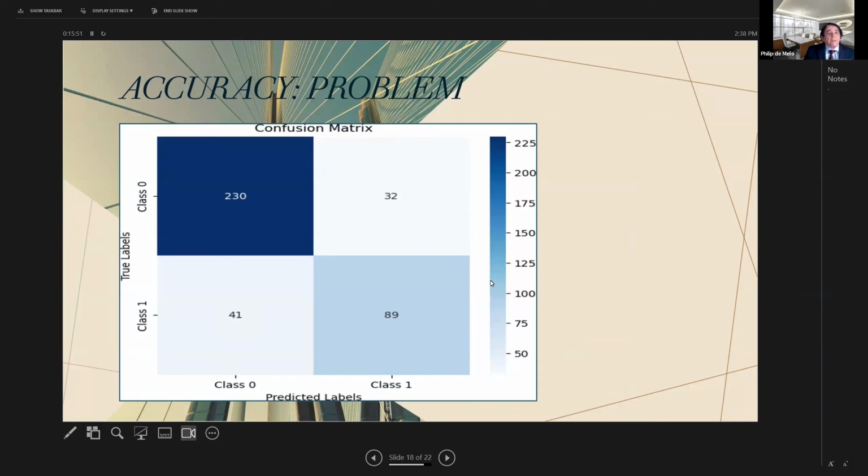Also we look at the confusion matrix, and the confusion matrix in this case is this one. For example, we have 89 patients we classified correctly as having diabetes, but 32% we classified as diabetes free, but they have diabetes.